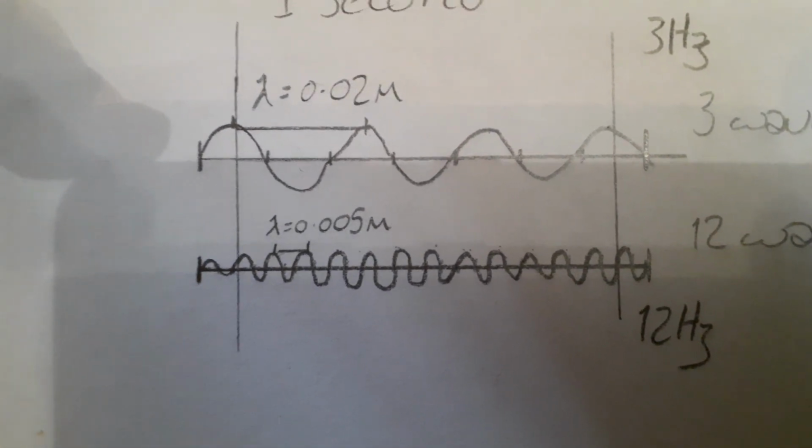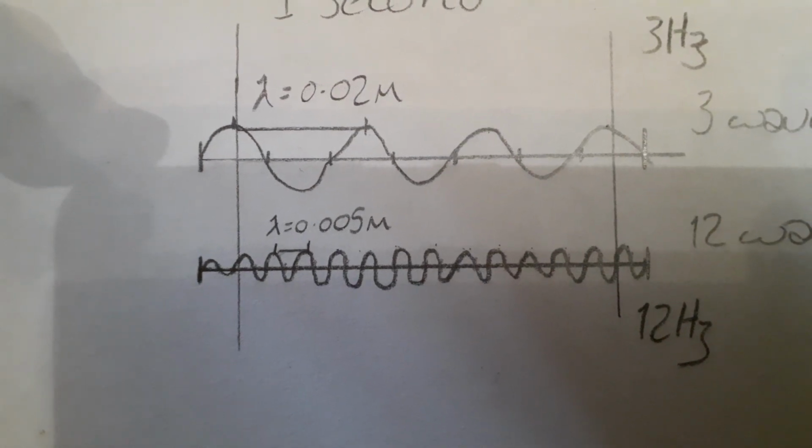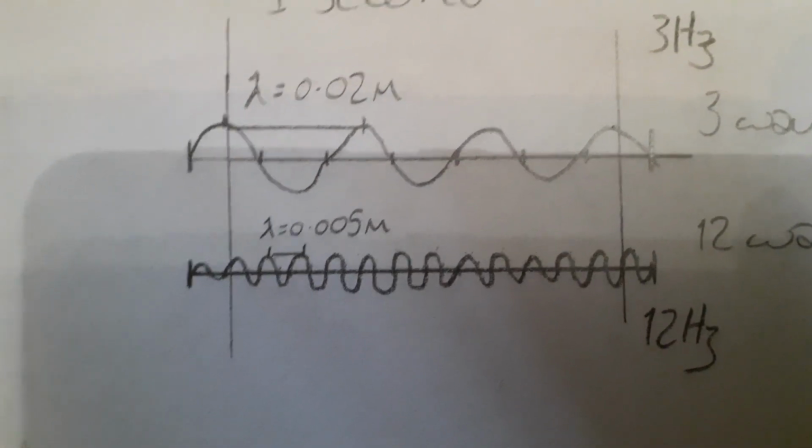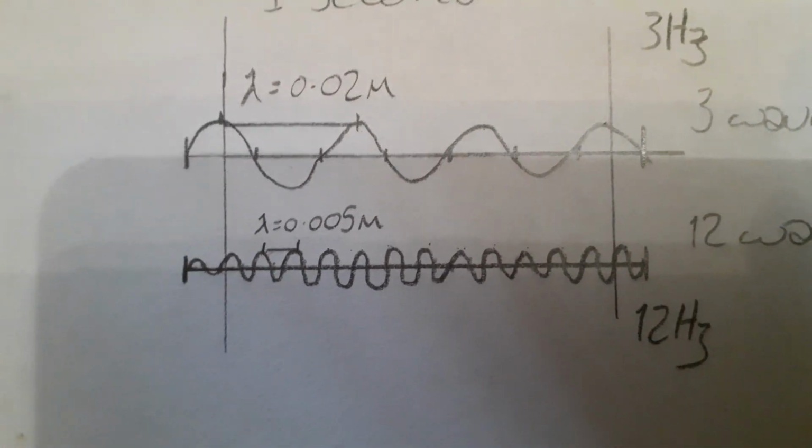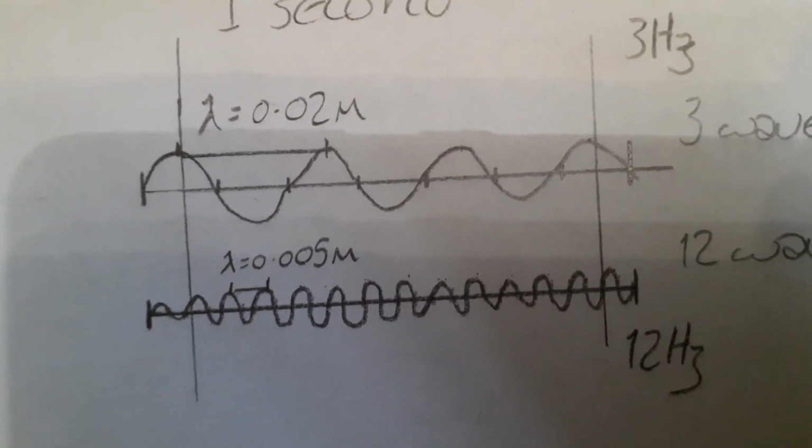Now, because we can't see the EM spectrum, we can see colour, of course, but we can't actually see these wiggly up and down waves. It's not the easiest thing to get our head around.